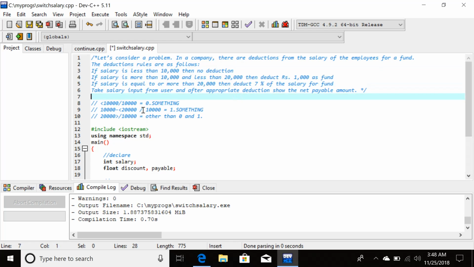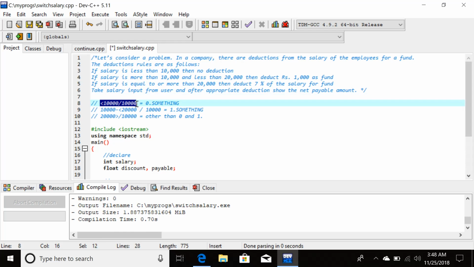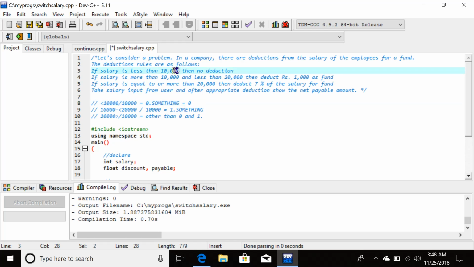For example, if the salary is less than 10,000 and we divide it by 10,000, the result will be less than 1, somewhere around 0 point something. So it will truncate and C will generate the result 0. If the result is 0, it means we are talking about salaries which are less than 10,000.